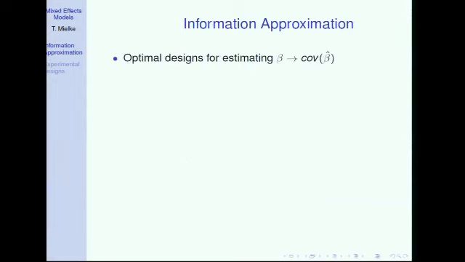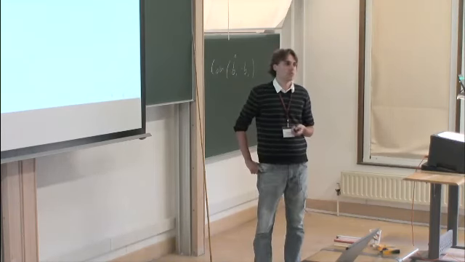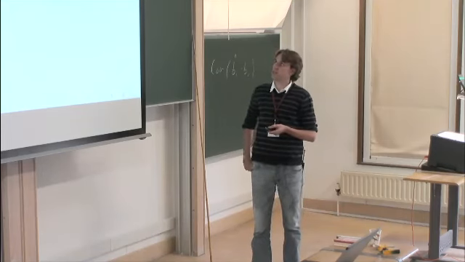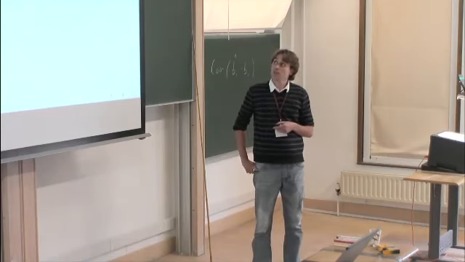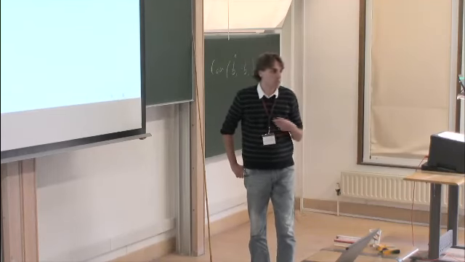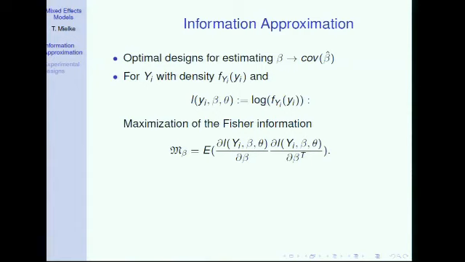We want to optimally estimate beta, so we need some knowledge of the covariance matrix of beta hat. This isn't easy to get, but when we know the statistical model, we can compute a lower bound of the variance of any unbiased estimator by the inverse of the Fisher information, which unfortunately cannot be expressed in closed form here.